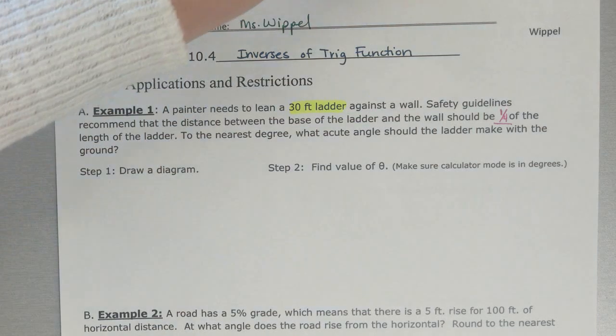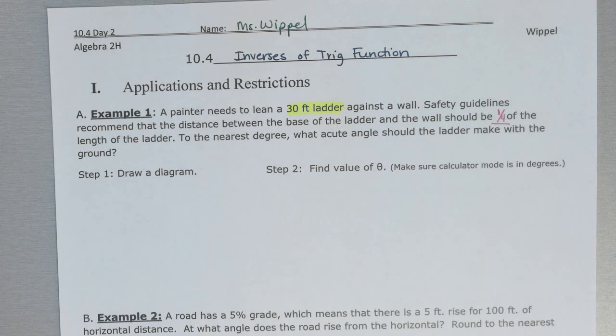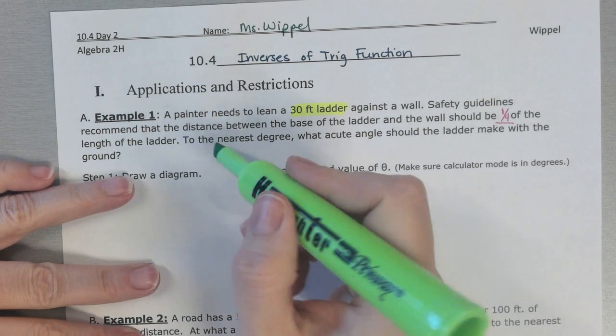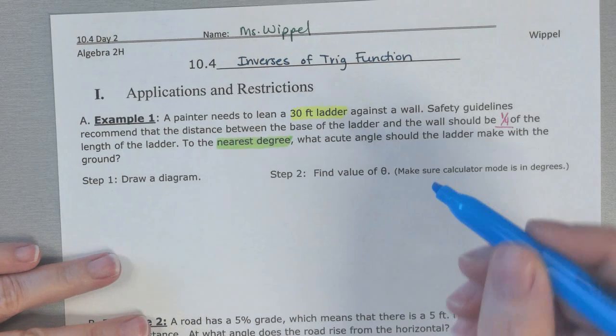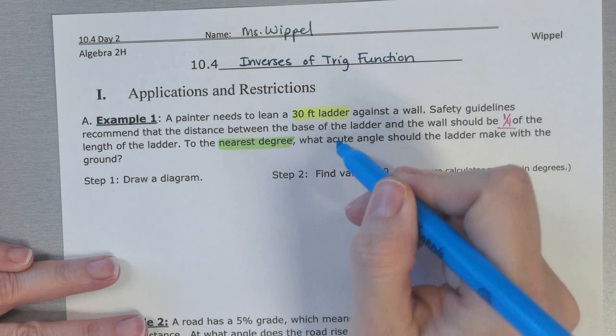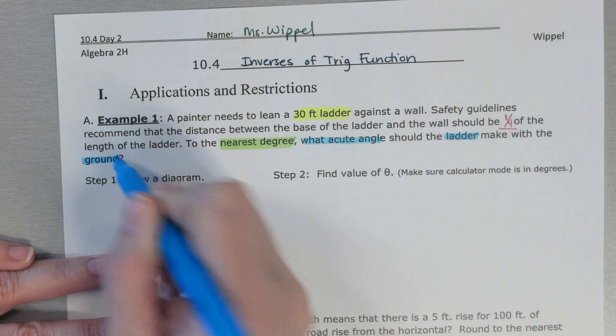To the nearest degree, what acute angle should the ladder make with the ground? So we are rounding to the nearest degree, and then we have to find the angle the ladder makes with the ground.